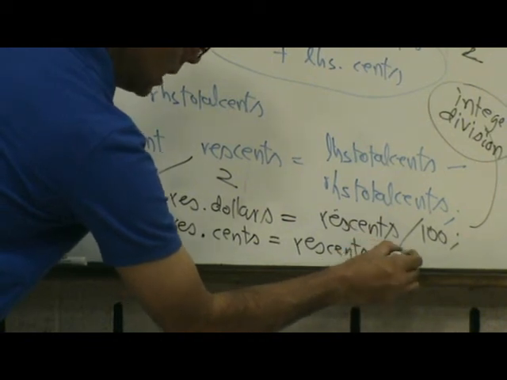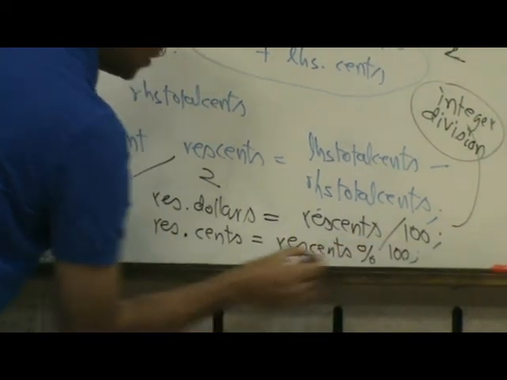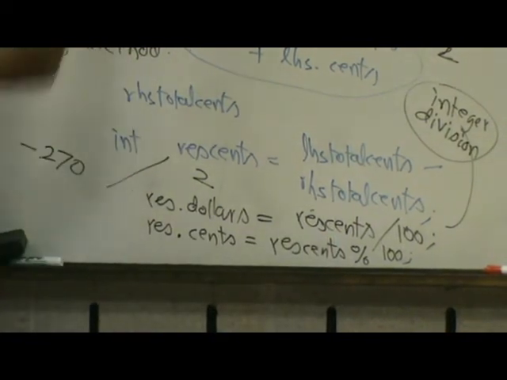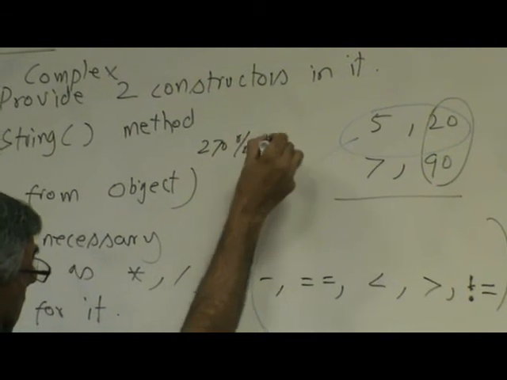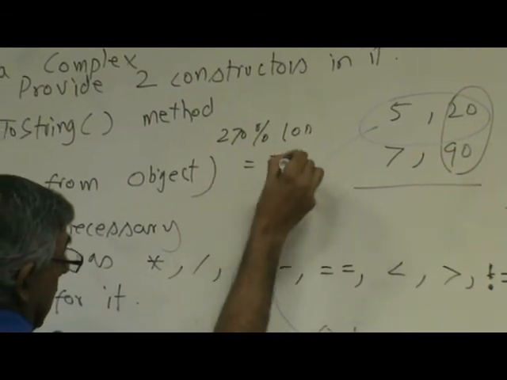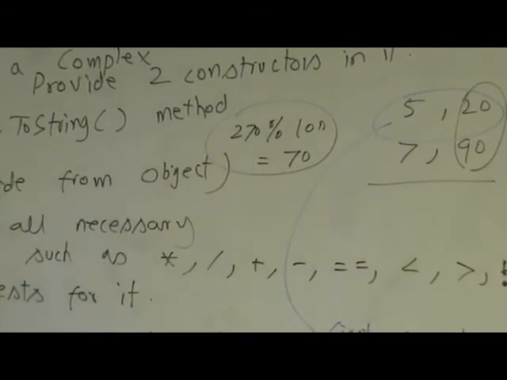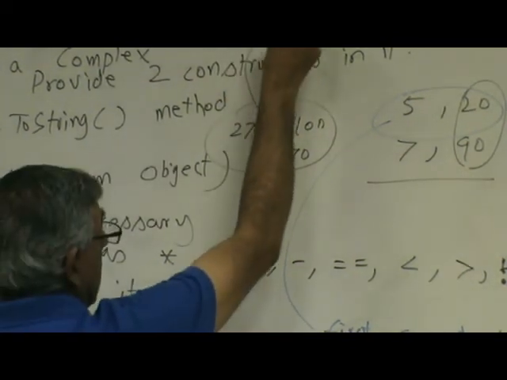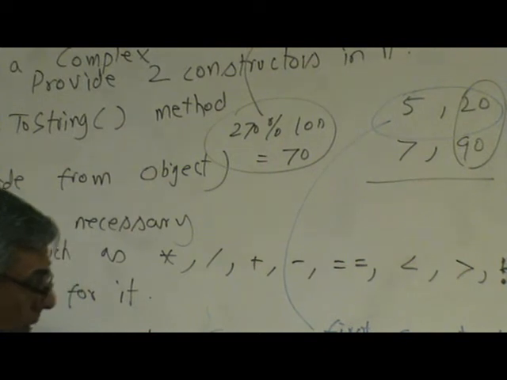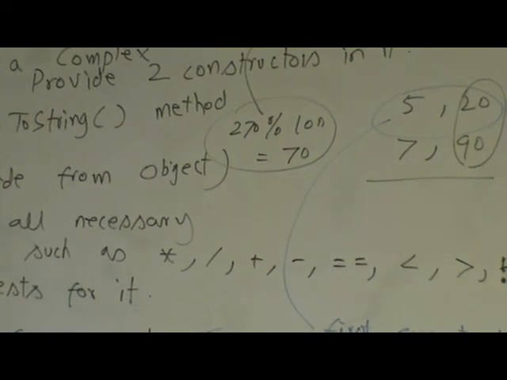Mod is a percent operator. So for example, if you did 270 % 100, it will return 70. Whatever is the remainder after the division. So that's called the mod operator.